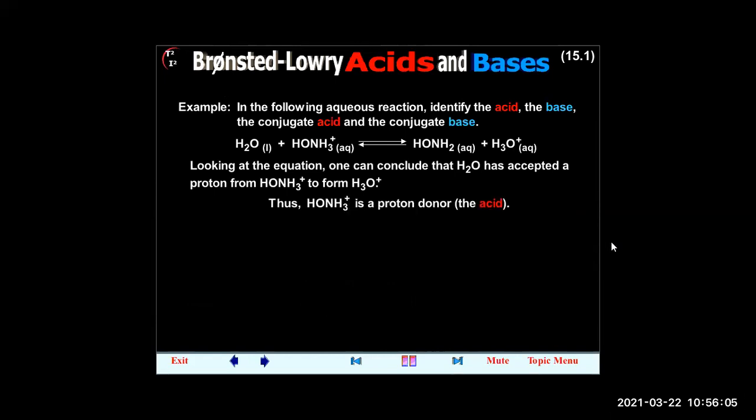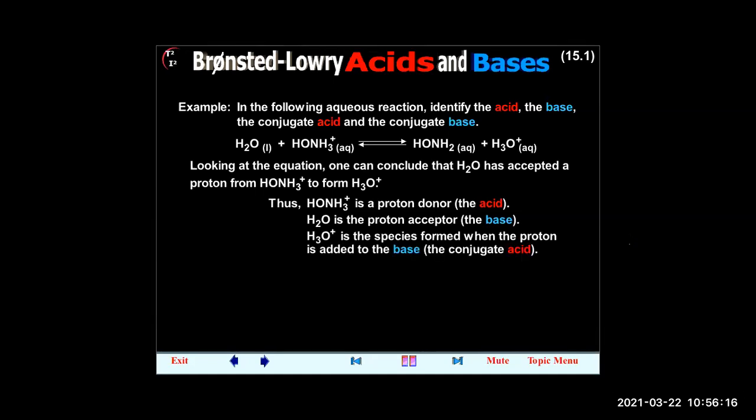Thus, HONH3+ is a proton donor, the acid. H2O is the proton acceptor, the base. H3O+ is the species formed when the proton is added to the base, the conjugate acid. HONH2 is the species formed when a proton is removed from the acid, the conjugate base.